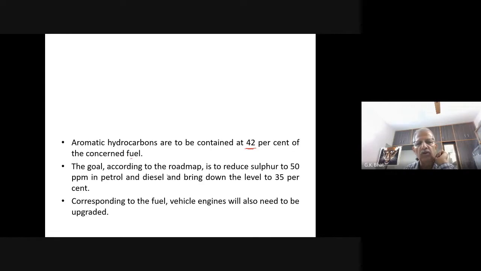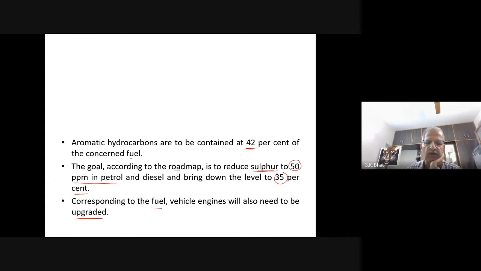The goal, according to the roadmap, is to reduce sulfur to 50 ppm in petrol and diesel and bring the aromatic level down to 35%. Corresponding to the fuel, vehicle engines will also need to be upgraded.